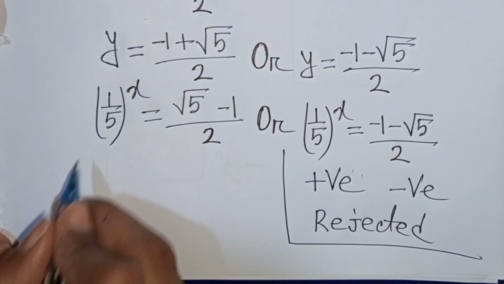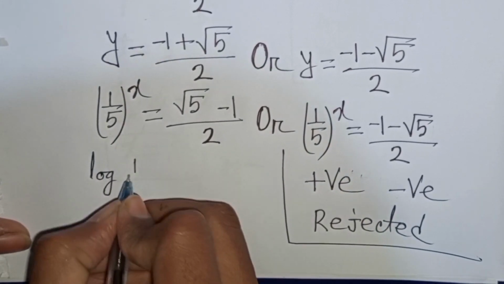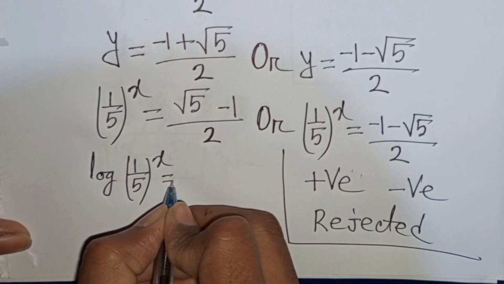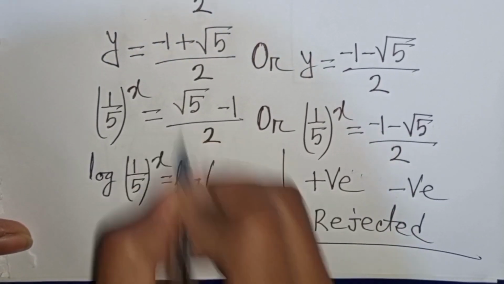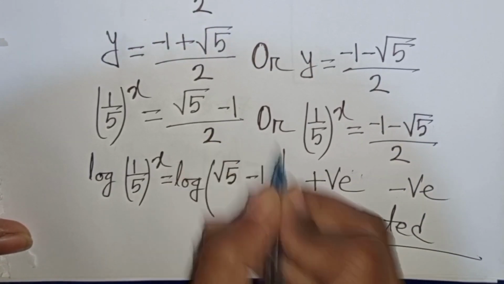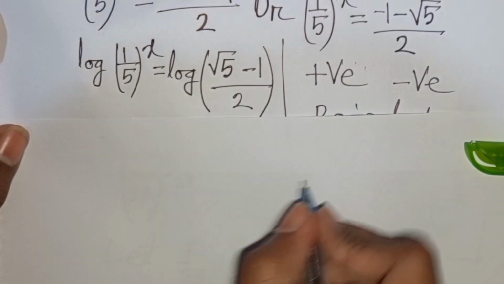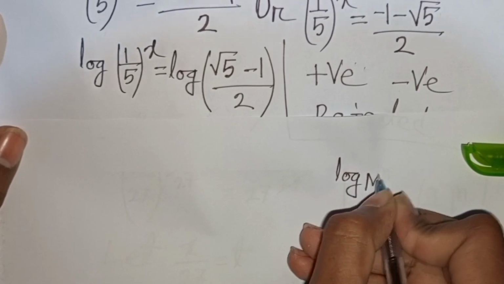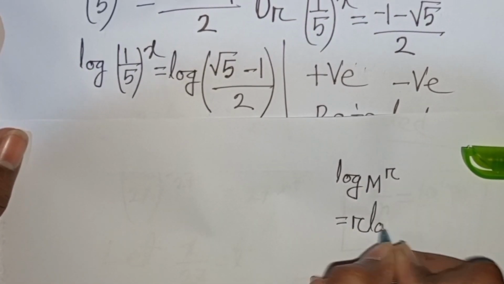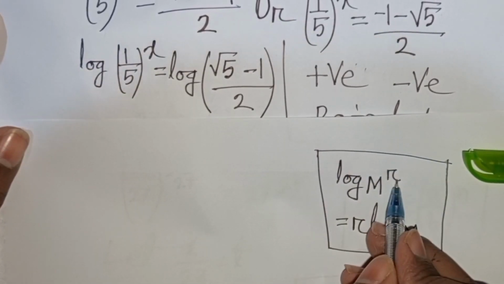Now from here we apply log on both sides. So you can write here log of (1/5)^x is equal to log of (square root of 5 minus 1) divided by 2. Now here you can apply the rule that log m power r is equal to r log m, that means this power r moves to the front.